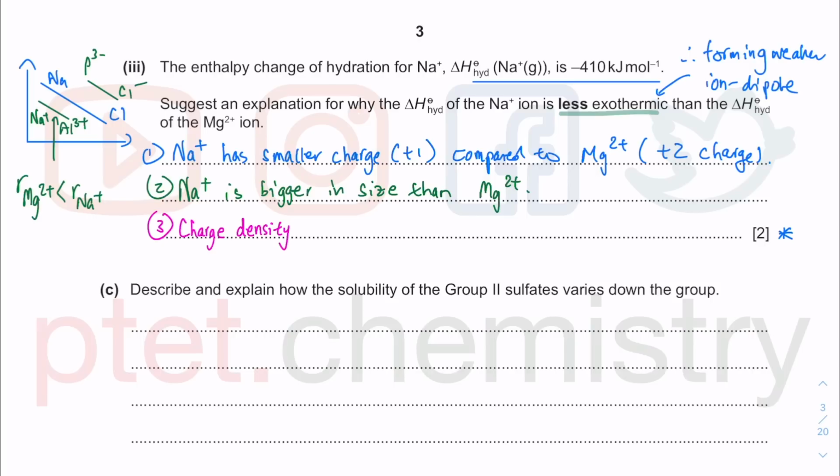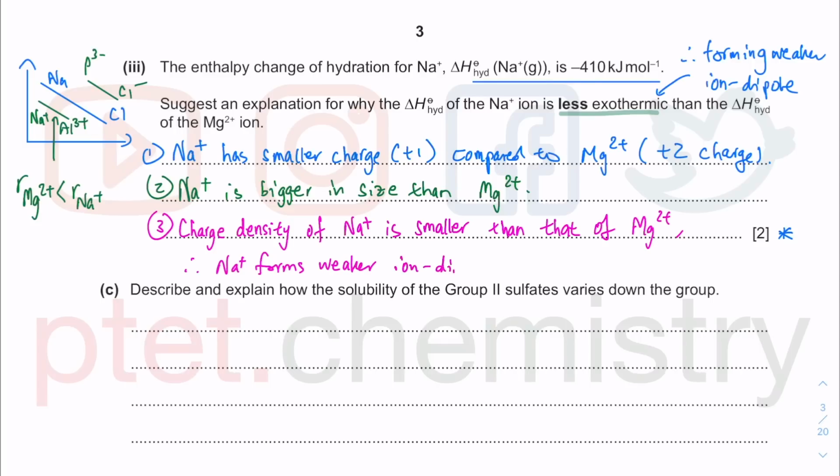So the charge density of Na plus is smaller than that of Mg2 plus. Therefore, Na plus forms weaker ion dipole bond with water molecule compared to Mg2 plus.